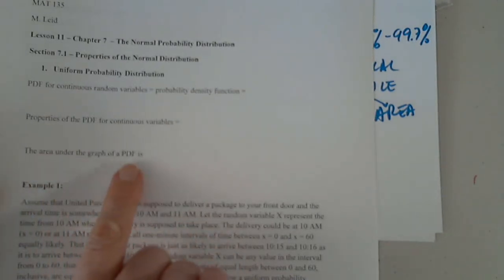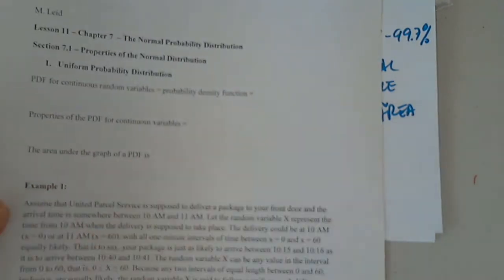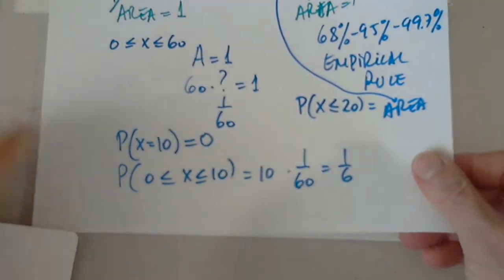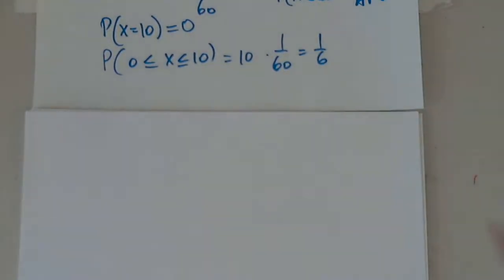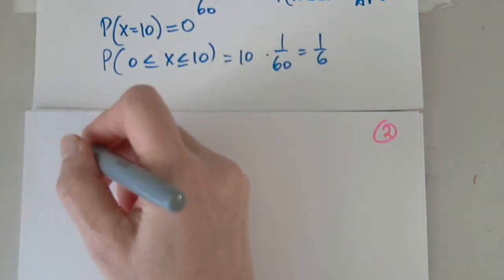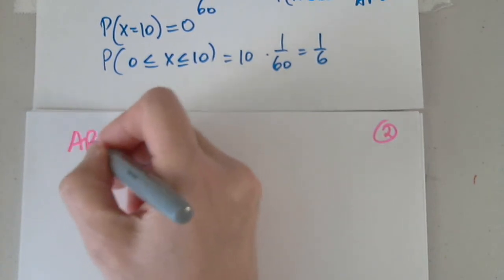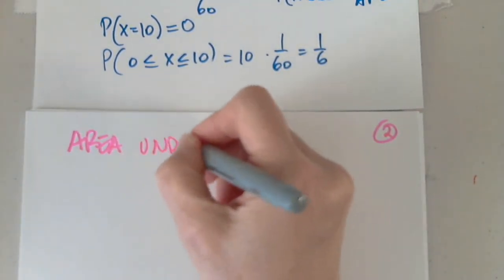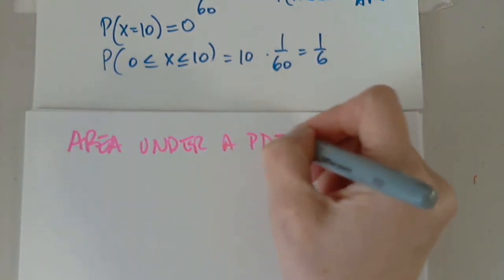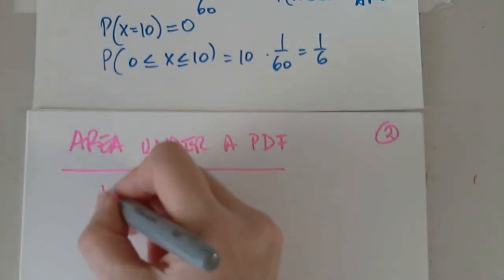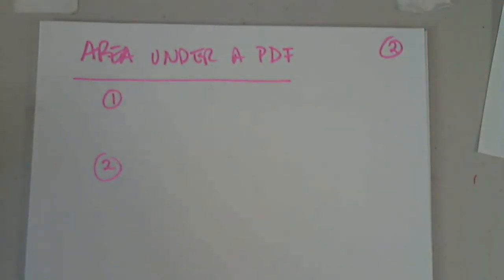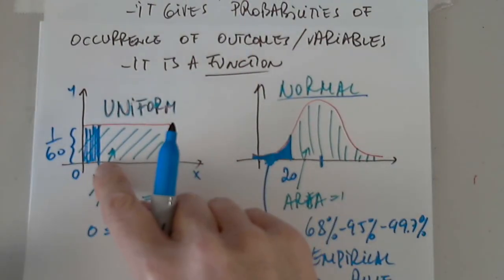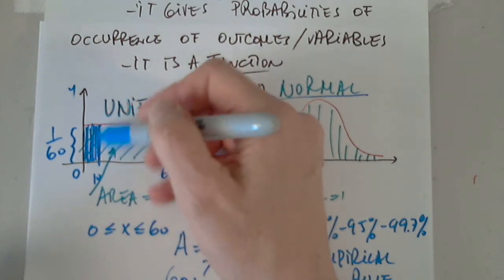The area under the graph of a probability density function is two things. And I'm going to write them, and then we'll look at the first example. So the area under a PDF has two different interpretations. For example, for this, what does this area represent?